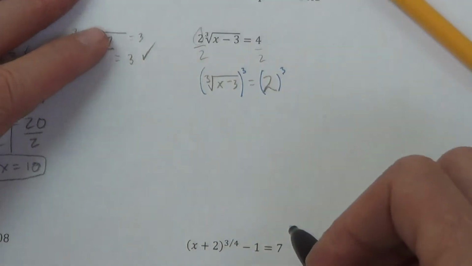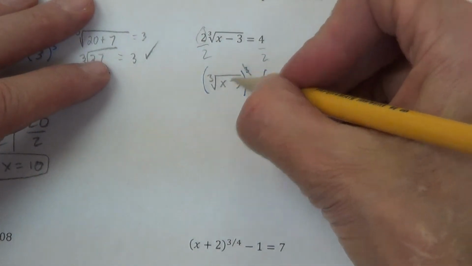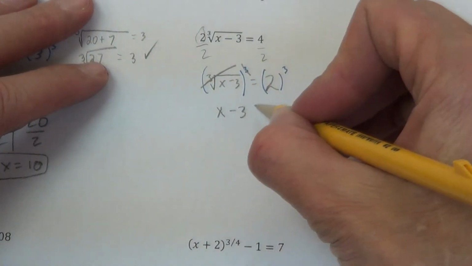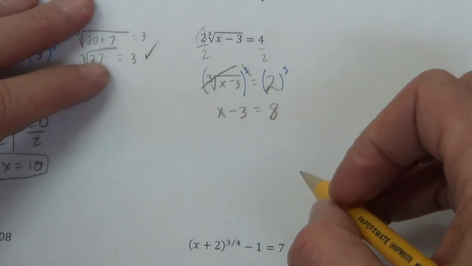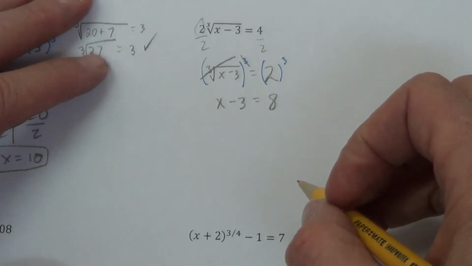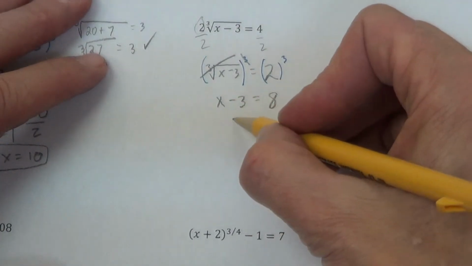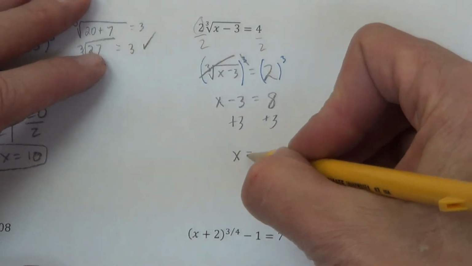What we do to one side, we have to do to the other. The cube and the cube root cancel. We get x minus 3 equals 2 times 2 times 2, which you should have memorized, is 8. Now we add 3 to each side, and we have x equals 11.